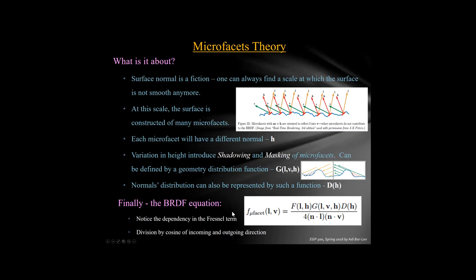And all of this we divide by 4 cosine and cosine. And the reason for that is if you do the hemisphere integration, you need to have these terms in order to basically divide by the 2 cosines.